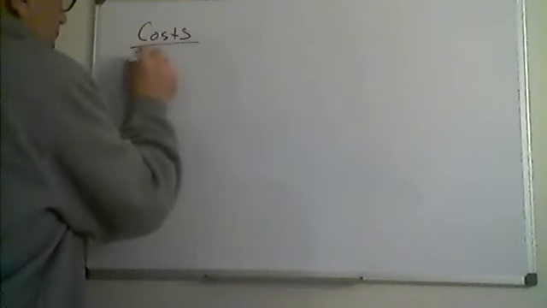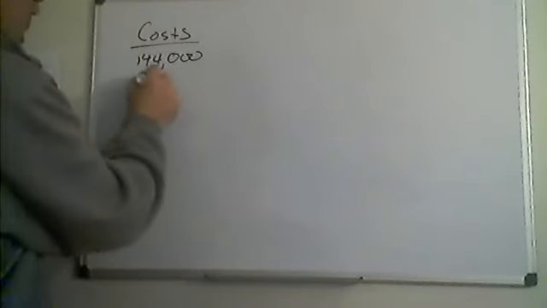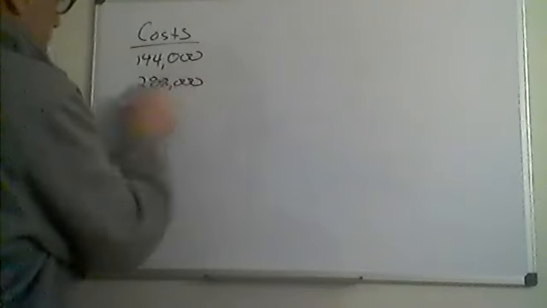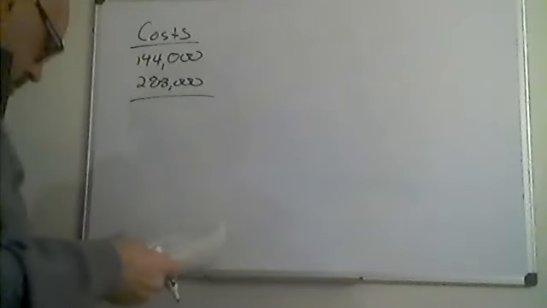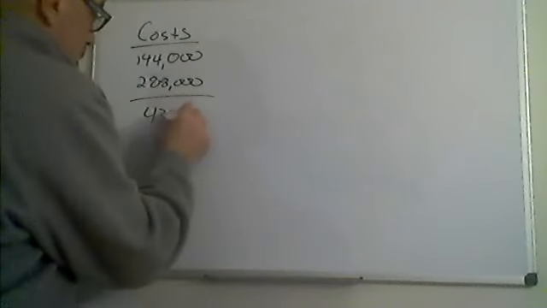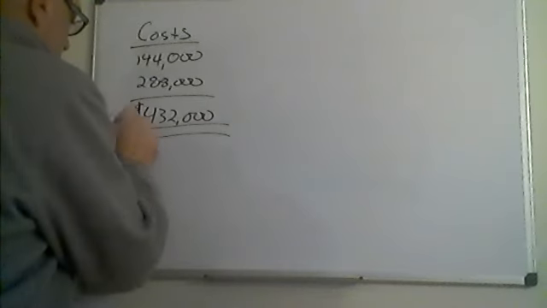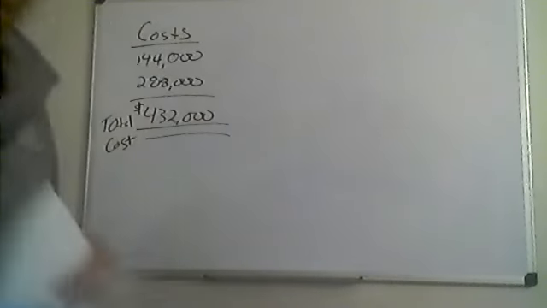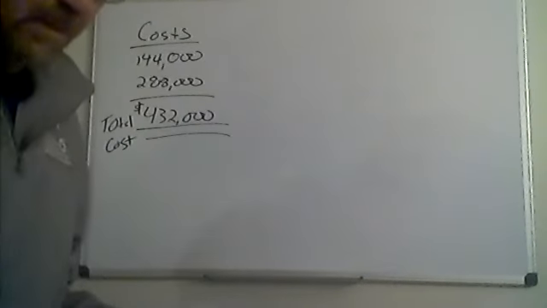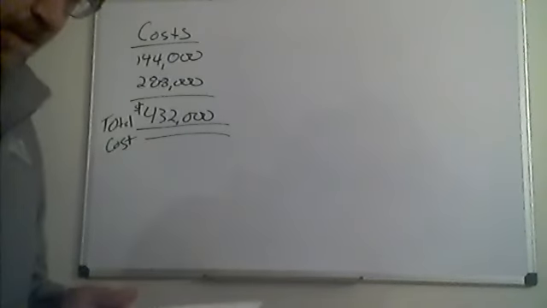Okay, so our total cost, the joint costs that we need to allocate, is 432,000.